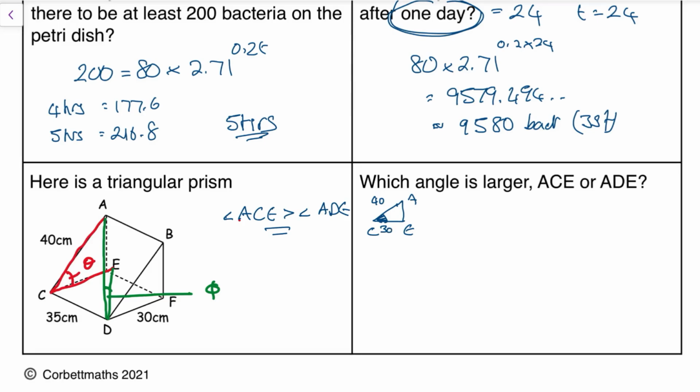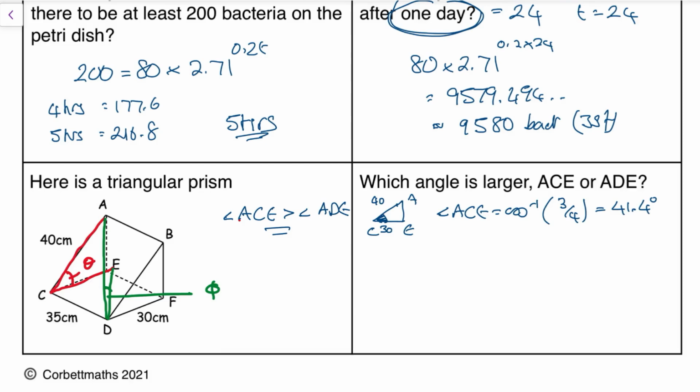So angle ACE is equal to cos minus 1 of adjacent over hypotenuse, which is 30 over 40 or 3 over 4, which is 41.4 degrees. So my angle ACE is 41.4 degrees. I don't need to be too accurate here because I know there's going to be quite a difference, and we are showing it to be true.